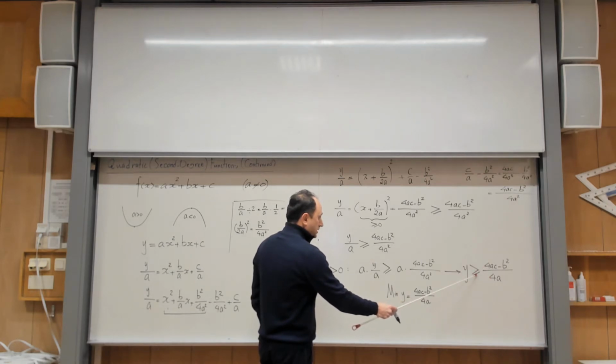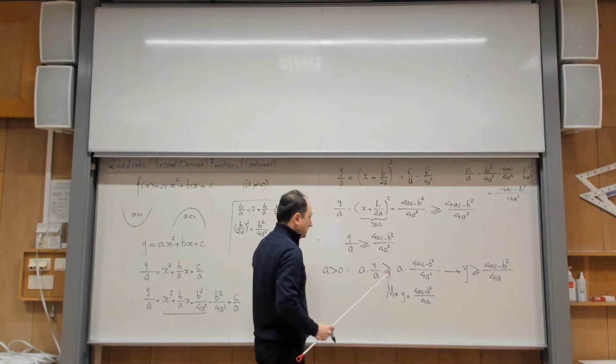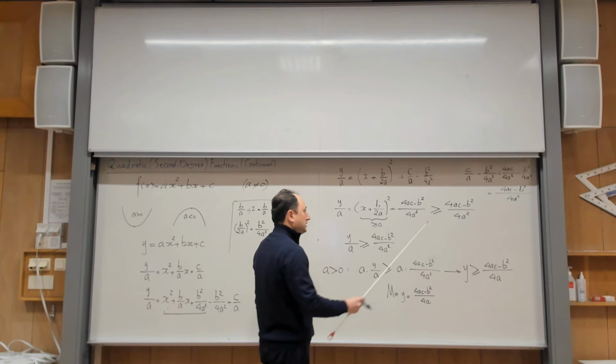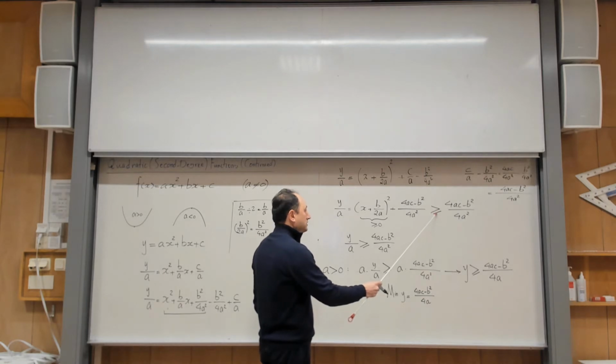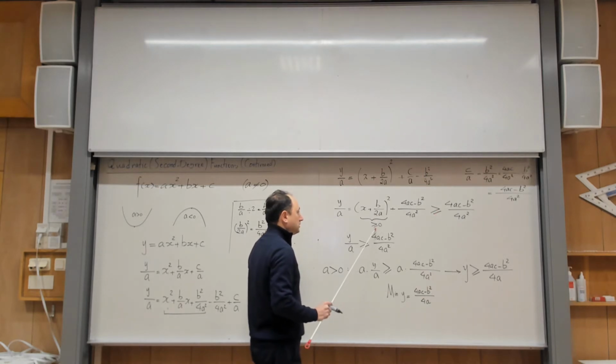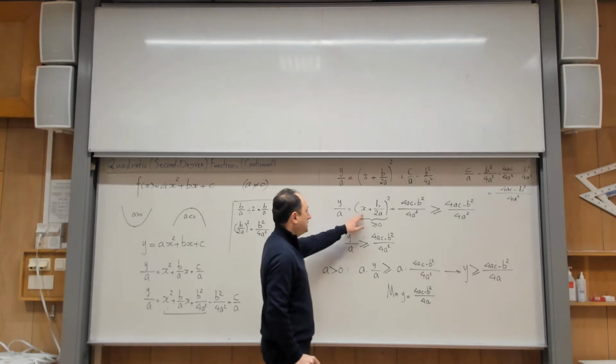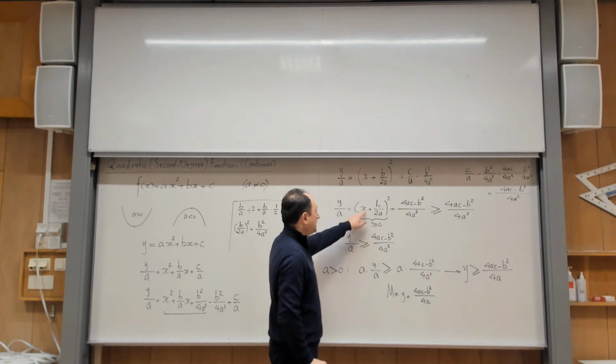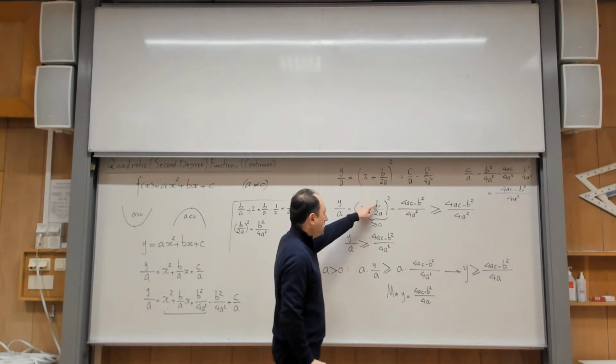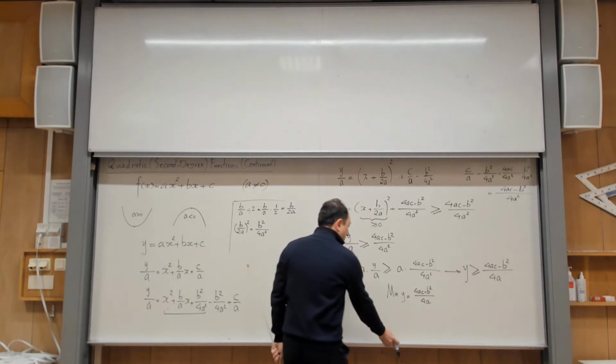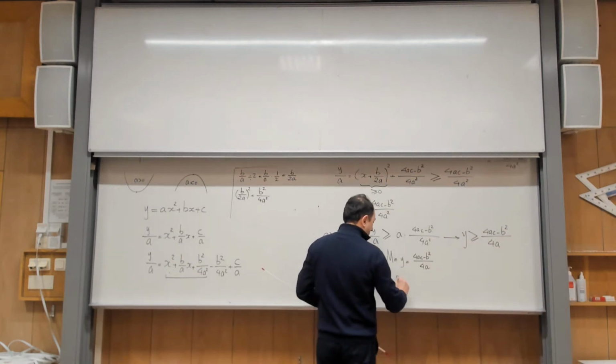I have equality here if and only if I have equality here, and finally if and only if I have equality here. But this becomes equal to 0 if and only if x is minus b over 2a. So this is attained at this point.